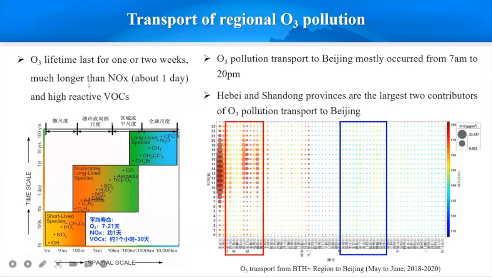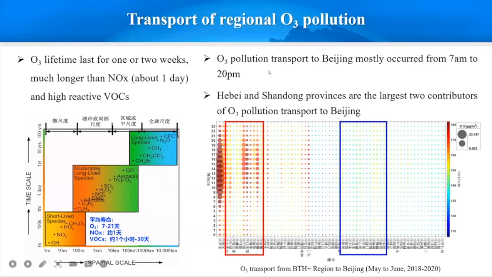Actually, the ozone lifetime lasts for 1 or 2 weeks if they don't have the chemical reaction, much longer than the high reactive VOC.